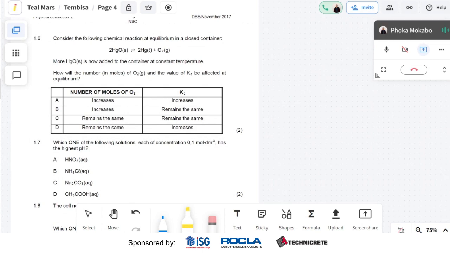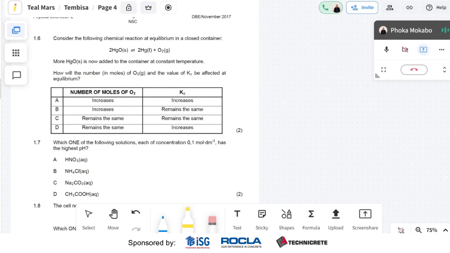Actually, now let me look at it. Start off with the Kc value, actually. So they say more HgO in solid form is added to the container at constant temperature. The fact that it's added at constant temperature would mean that the Kc value would remain the same.